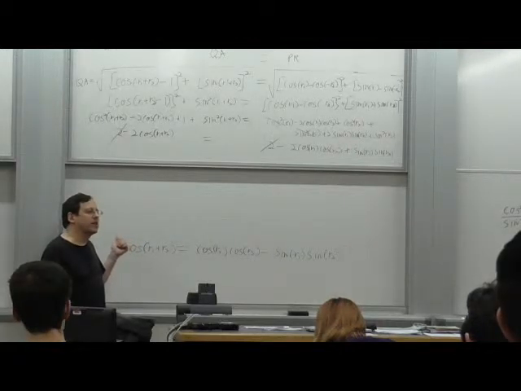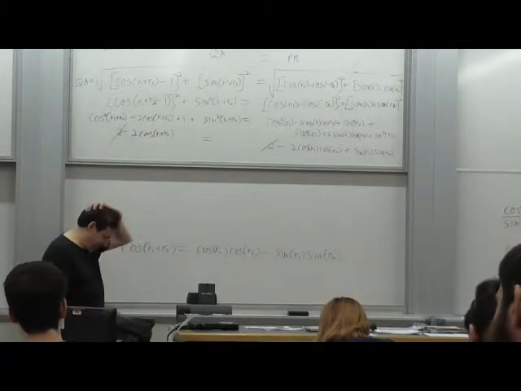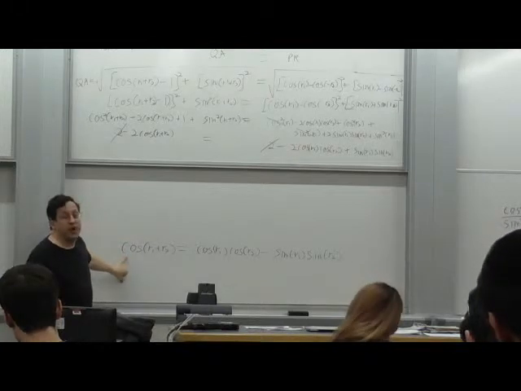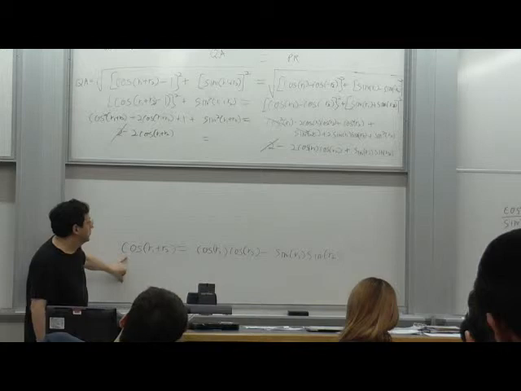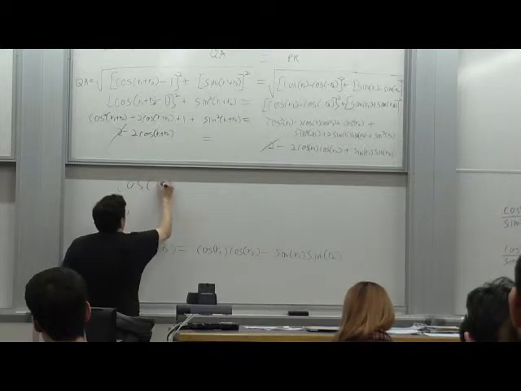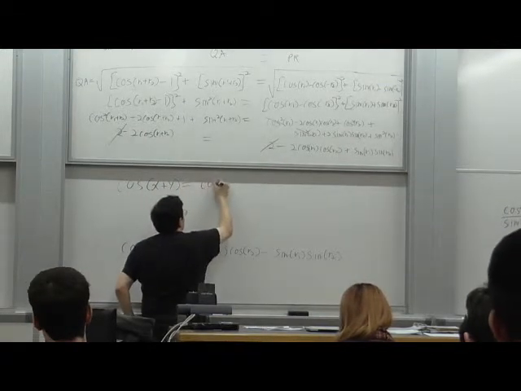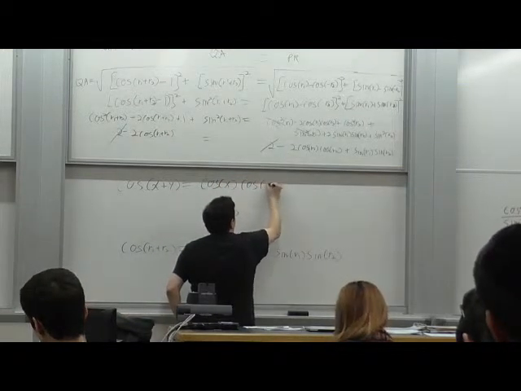We now have the sum formula. Let me rewrite this a little nicer, without the r's. Cosine of x plus y is equal to cosine x cosine y.